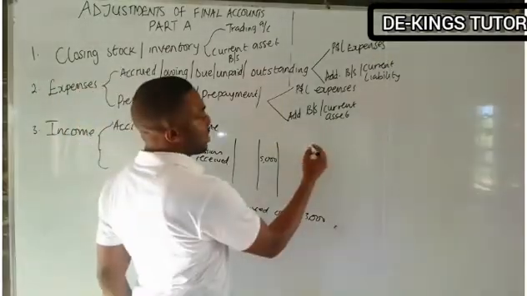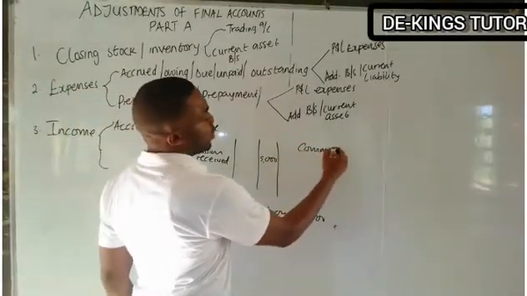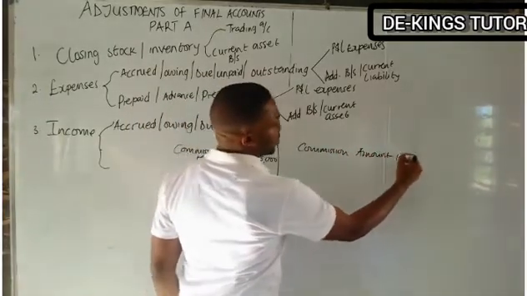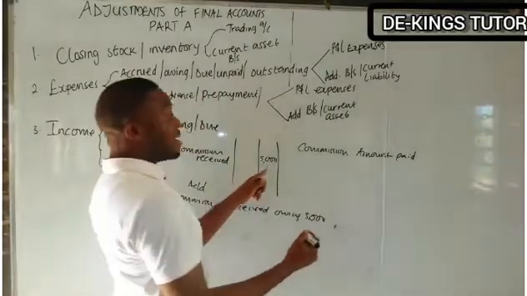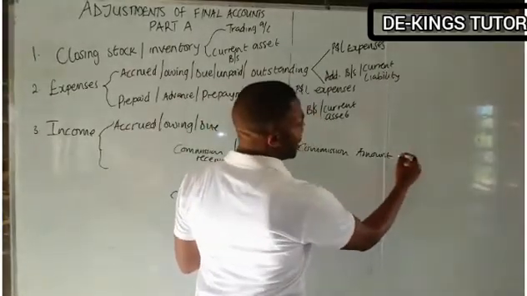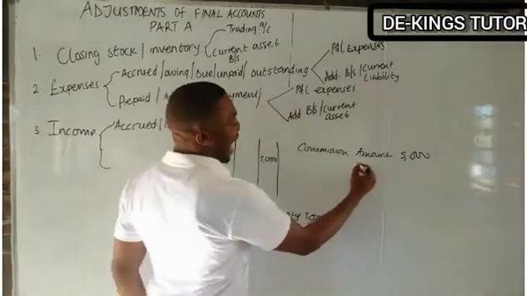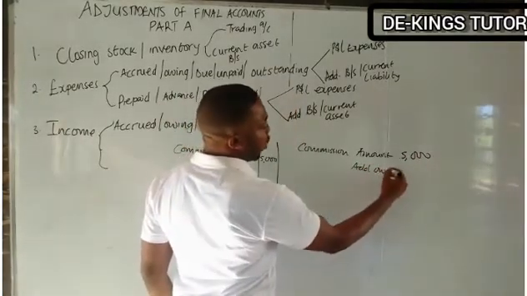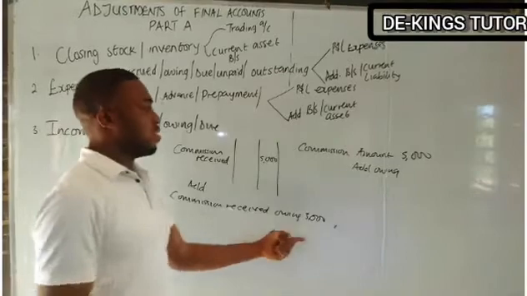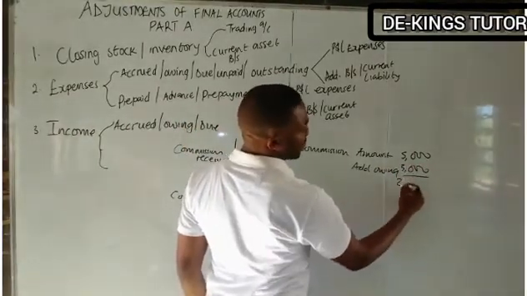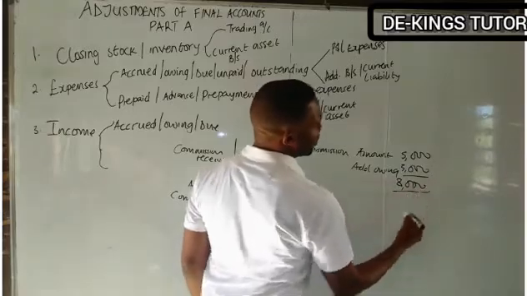Your adjustment will be: you said commission, the amount that was received is 5,000. Now you add the one that was owing, 3,000. 5,000 plus 3,000 will give us what? 8,000.